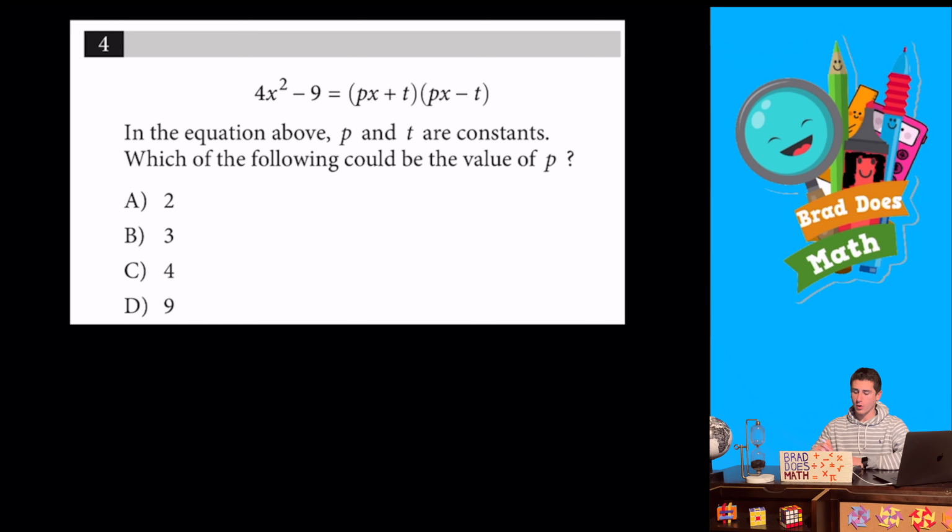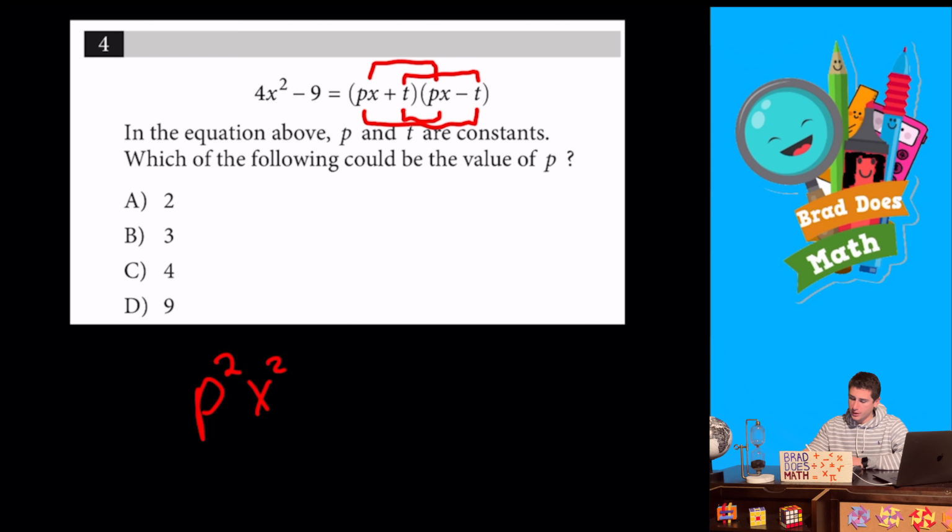Next one, number 4. In the equation above, p and t are constants. Which of the following could be the value of p? Whenever you see a binomial times a binomial, so like two things in parentheses, we're going to FOIL. So firsts, outers, inners, and then lasts. So the firsts would be px times px, so p squared x squared.